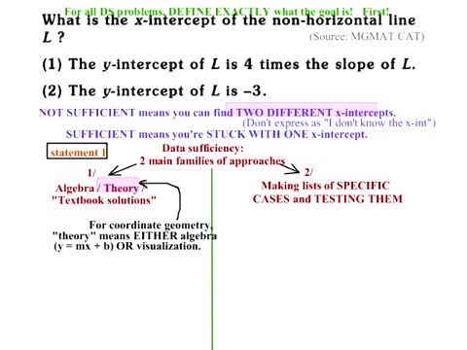In statement 1, though, it's going to be algebra, because if you think about what this statement means, you can't readily visualize a comparison between a y-intercept and a slope. Those are not visually comparable things, because this is a coordinate where the thing crosses the y-axis, and this is the slope, which is not a coordinate.